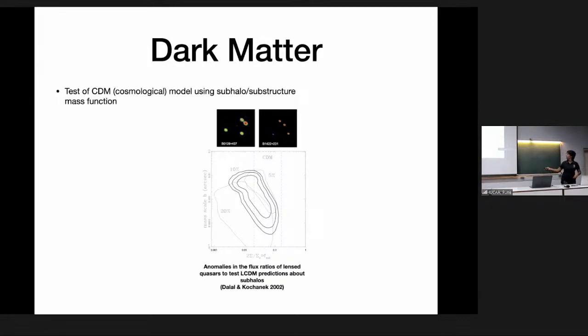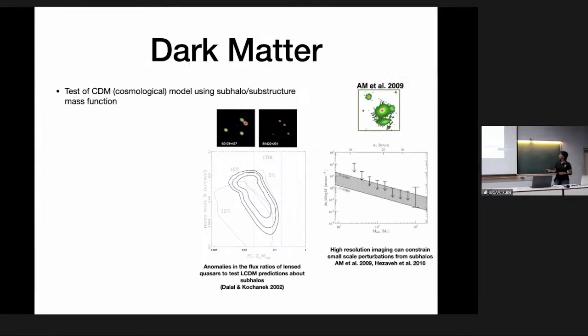Here these are the cases where only the flux ratios were affected. There are also other ways we can do this, by looking at the positions of the images. If the subhalos fall much closer to the images, then even the positions of the images can be perturbed. This kind of analysis was done by me quite some time ago.